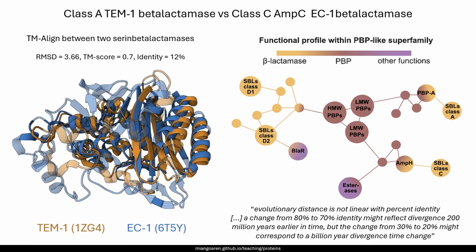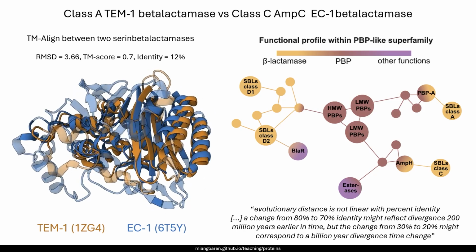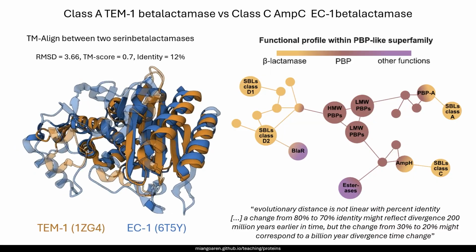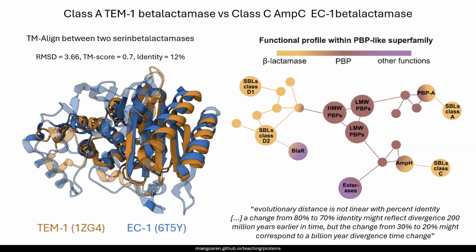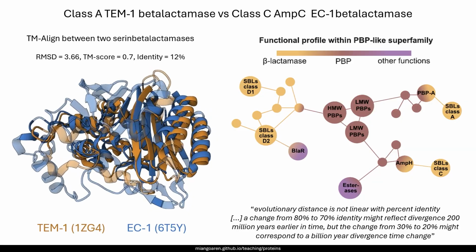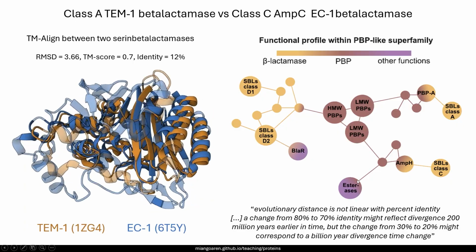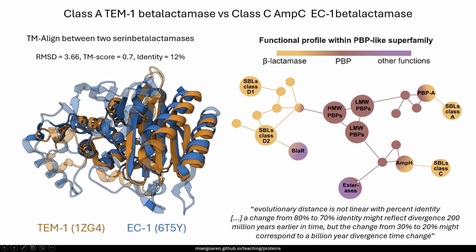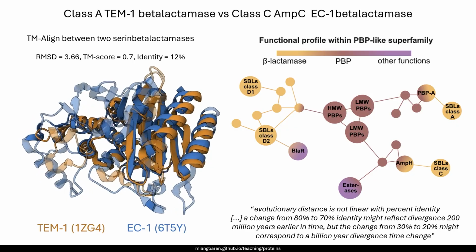And this is relatively interesting because this evolutionary distance is not really reflected in the percentage of identity that two proteins share. When we find a similarity of between 70 to 80%, we could think that the scale of divergence covers a few hundred million years.